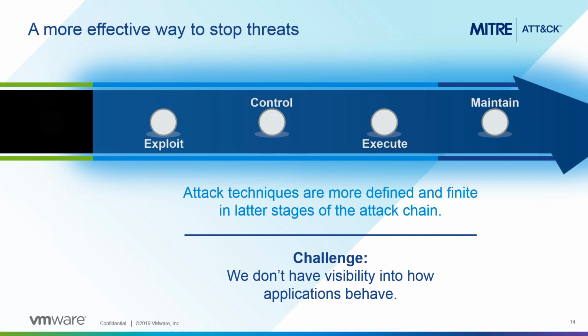So think about this as an example. There's a machine somewhere and a new binary has been executed on that machine, or a new service has been started up. How would we possibly know if that is a potentially malicious executable or a legitimate service that a developer has just deployed as part of an application?